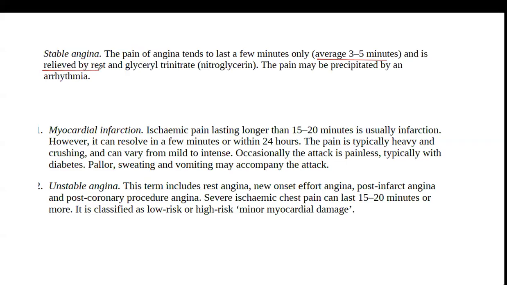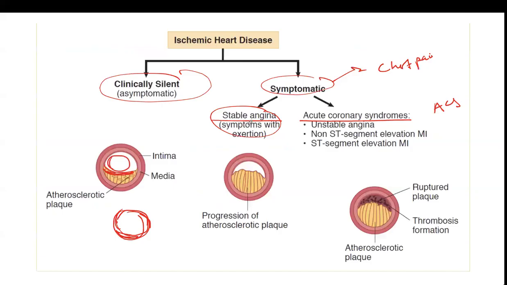It is relieved by rest and also nitroglycerin. Okay, so chest pain which comes with exertion, lasts 5 to 10 minutes, and gets better with rest, that's a stable angina. What about acute coronary syndrome?